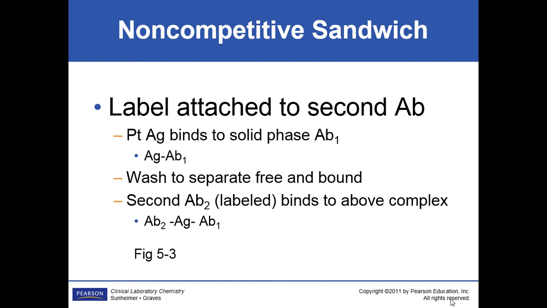And we're still using a solid phase. So we have 1 antibody identified some way, and the antigen attaches to it. Then we introduce another antibody, and this one has a label on it, and it's going to bind to the other side of the antigen, and that's what we're going to measure.